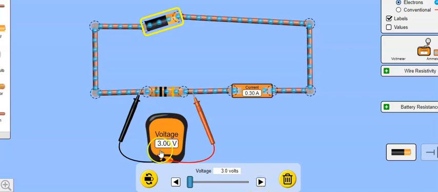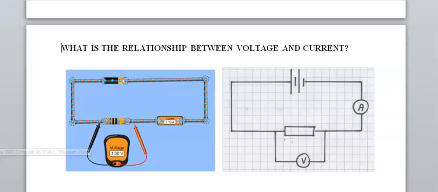If I go to 3 volts, our current has gone to 0.3 amps. 4 volts, 0.4 amps. 5 volts, 0.5 amps. 6 volts, 0.6 amps. 7 volts, 0.7. 8 volts, 0.8 amps. So there seems to be a very, very clear mathematical pattern, a mathematical relationship between voltage and current. The larger you make the voltage, the larger you make the current, and there seems to be a mathematical relationship between them. So let's examine those results in a little bit more detail.